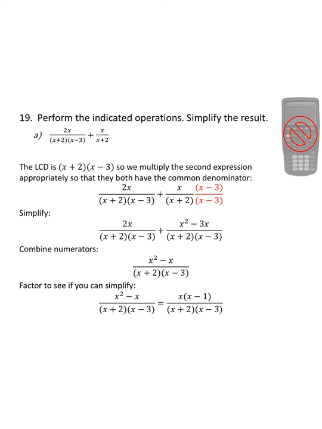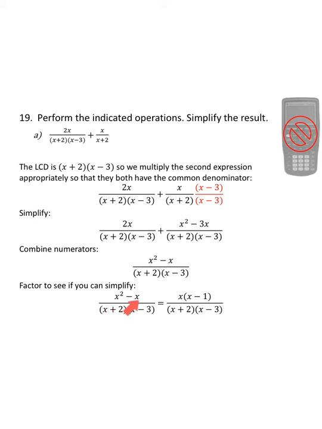Because we're adding, it's just straight up addition. 2x plus x squared minus 3x: a 2x and a minus 3x give me my negative x. I have an x squared. In order to see if we can simplify this at all, I'll factor my numerator completely.